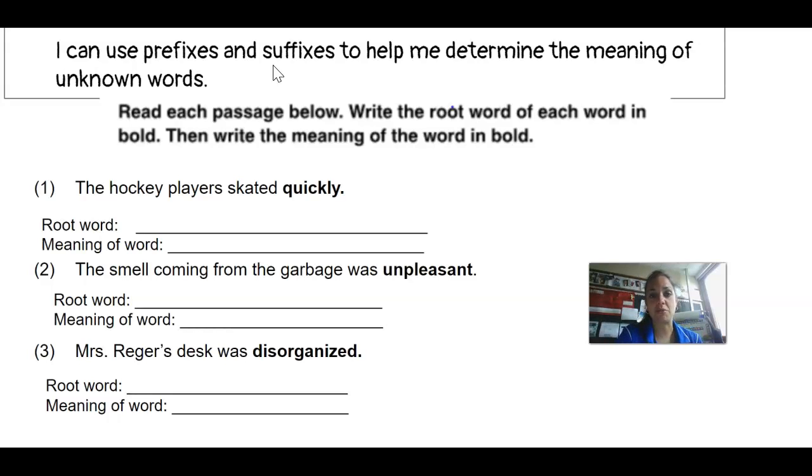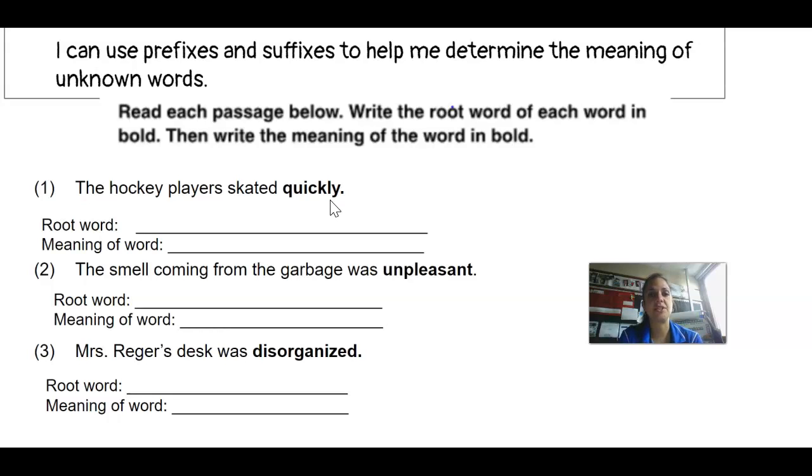And also, we have to remember as third graders, we can take a prefix off of a word and we can take a suffix off of a word, have the root or base word left, and it still has meaning. Read each passage below, write the root word of each word in bold, then write the meaning of the word in bold. Number 1, the hockey players skated quickly.